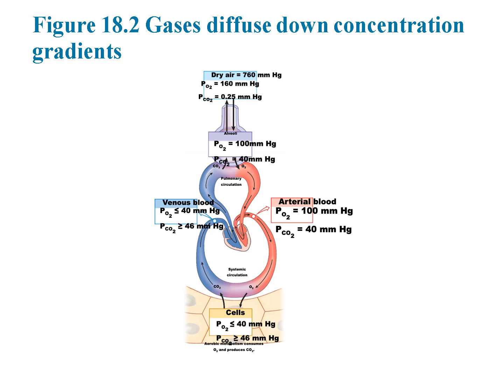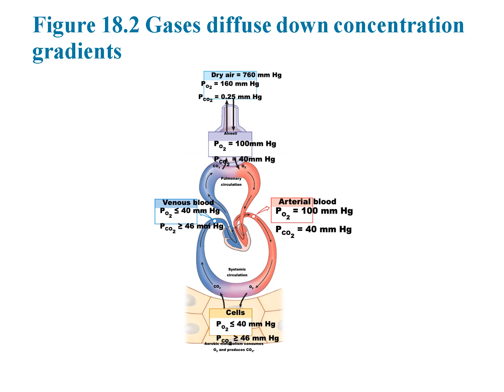As air enters the lungs, gas exchange occurs between the alveoli and the blood. The partial pressure of oxygen in the alveoli is around 100 millimeters of mercury, while the partial pressure of carbon dioxide is 40 millimeters of mercury.